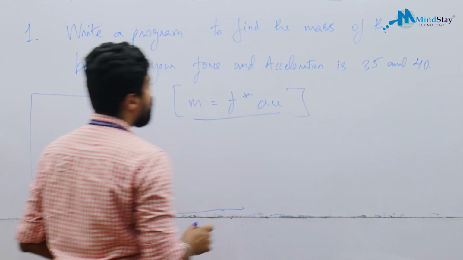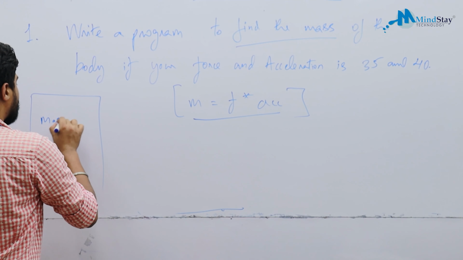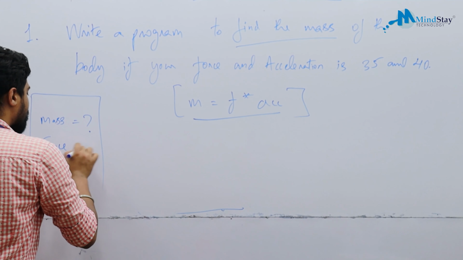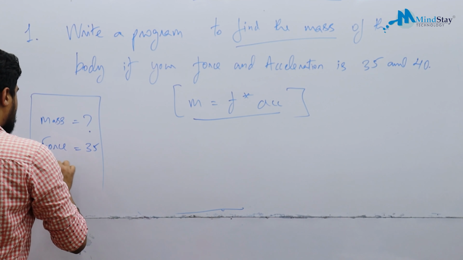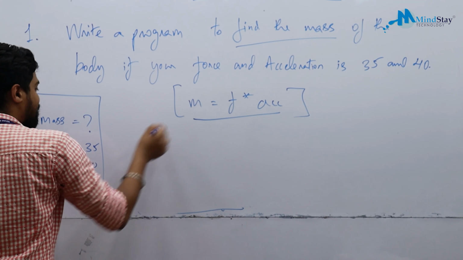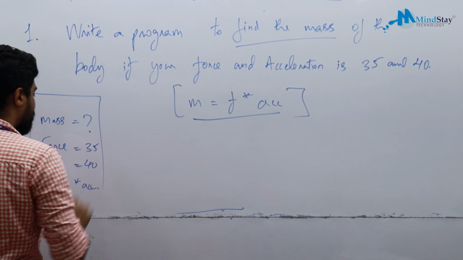So what do we have to do? We have to find the mass. And what have we been provided with? Force is equal to 35 and acceleration is equal to 40, and we have been given a formula, M is equal to F multiplied by ACC.